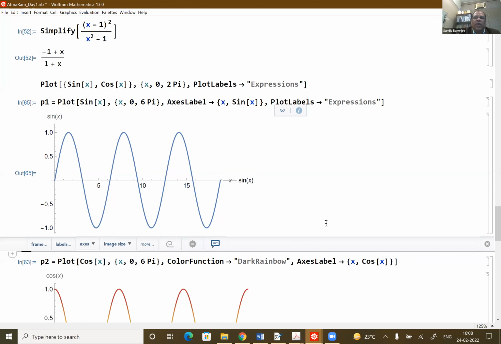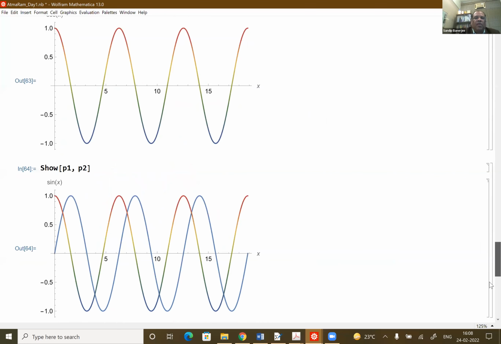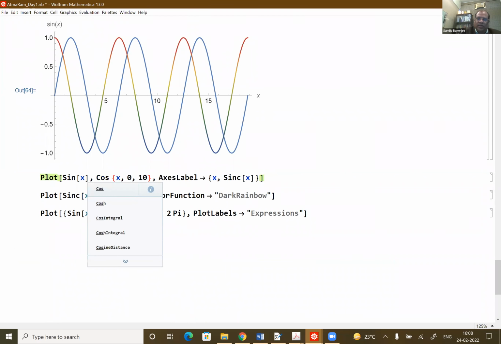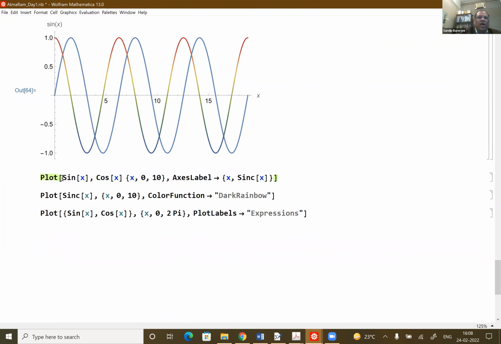Okay, there is another way of combining the graphs. You can write like this: plot sine x, cos x, and I put them in a curly bracket. And x is 0 to 6 pi.